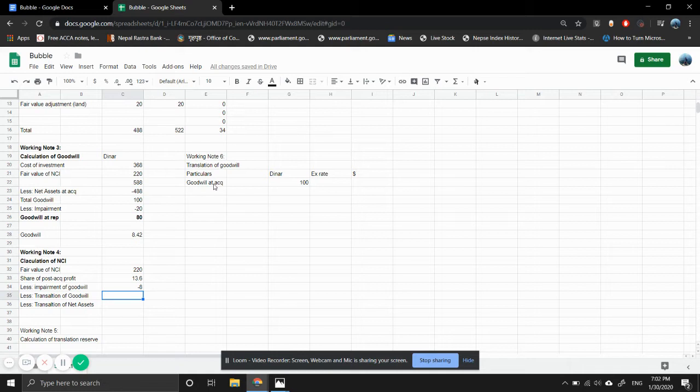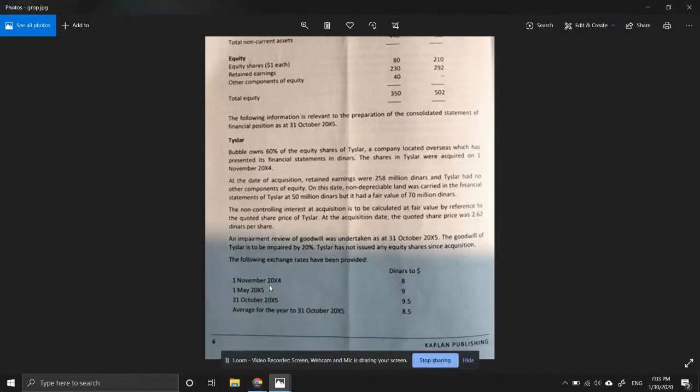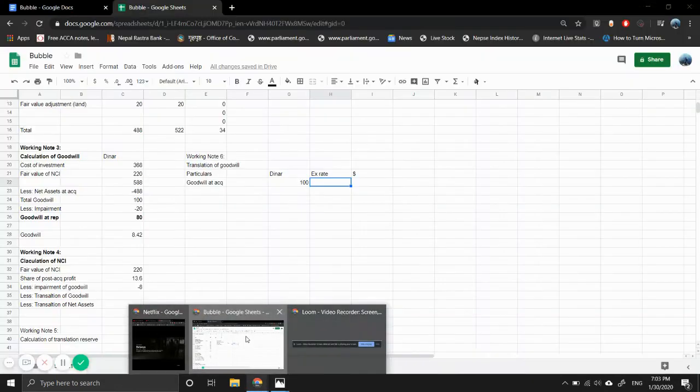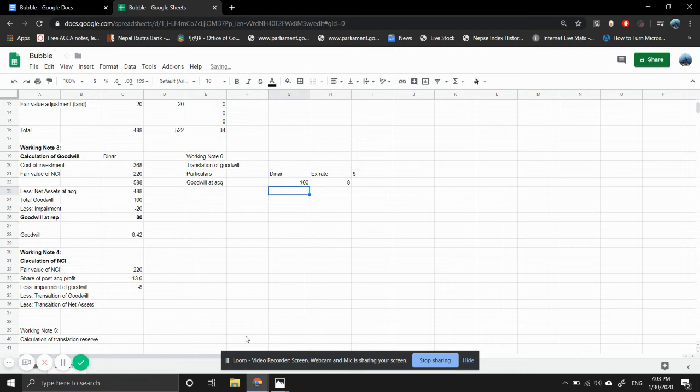I've already made a mistake over here. So is this everything in dinar? Okay, yeah, I can just translate it at the end. Let's not worry about that right now. Goodwill at acquisition, what was the translation rate? At acquisition on 1st November, it was 8.8, right? And then less impairment.